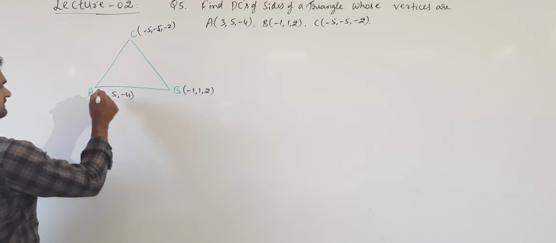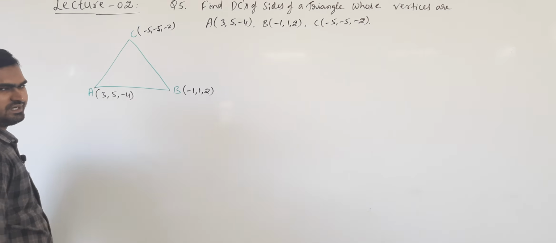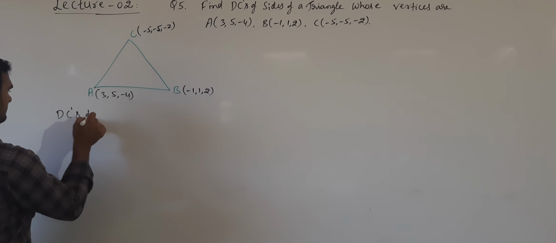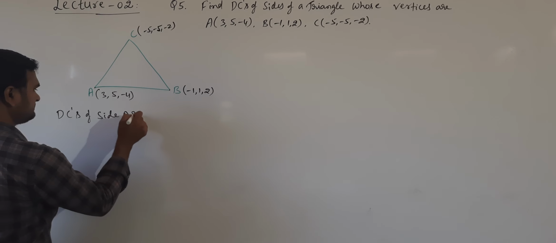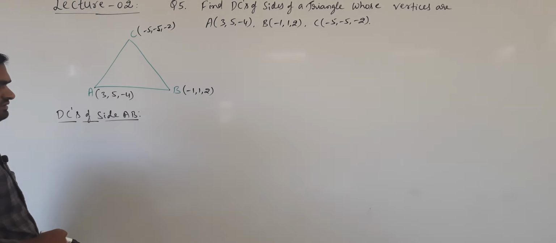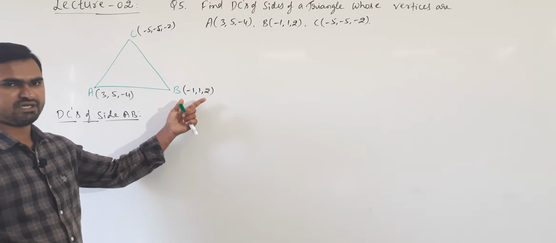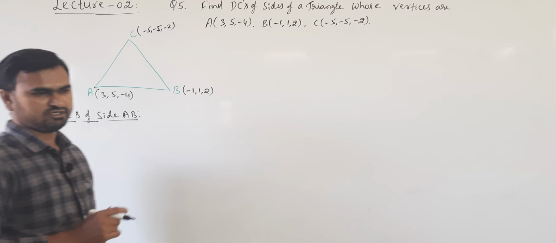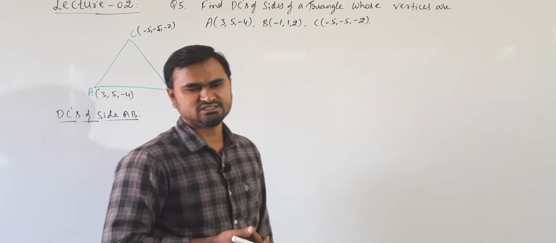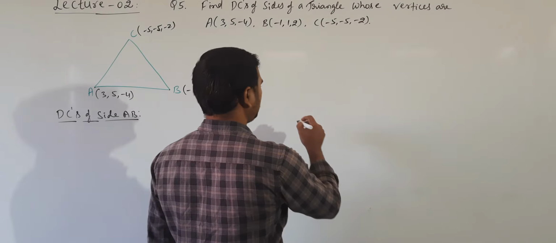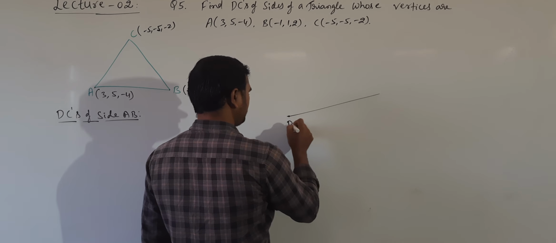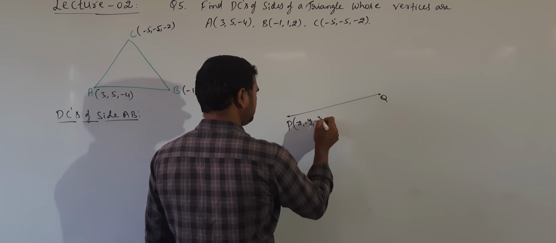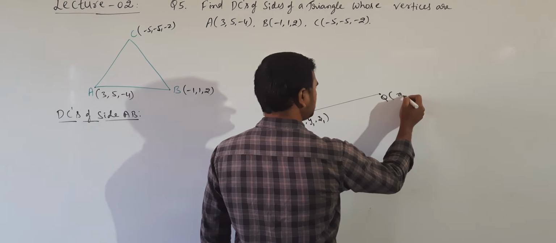First we will find DCs of side AB. For finding DCs, we don't know the angles, but we know points A and B. If we know 2 points, how do we write the DCs of the line joining them? We studied DCs of the line joining 2 points P and Q. Suppose P is x1, y1, z1 and Q is x2, y2, z2.